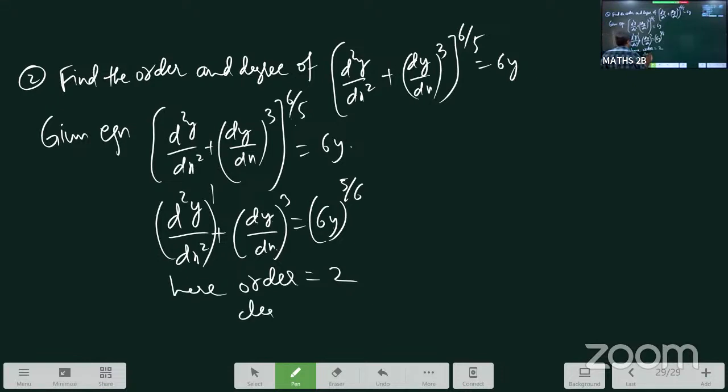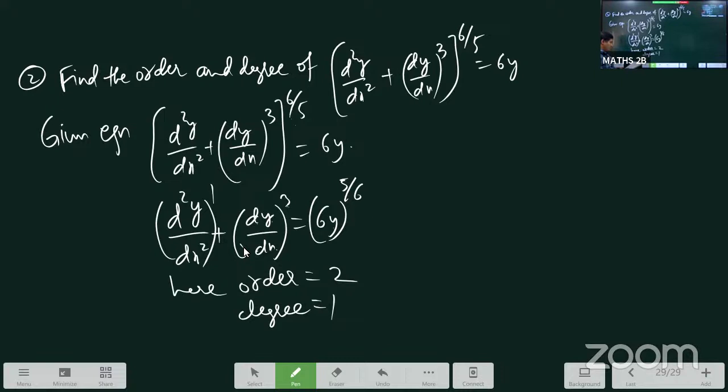Then degree will be again 1, because the power of the highest derivative is the degree. So here might be degree is 3, but here order is 1, but here order is 2. So the highest order, highest derivative. Is it clear? Right.